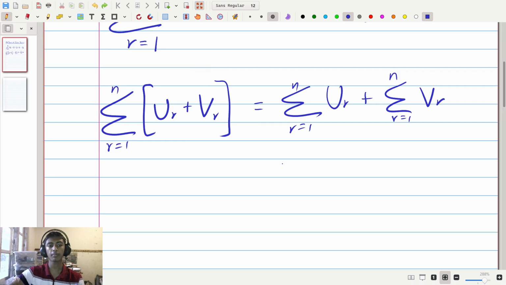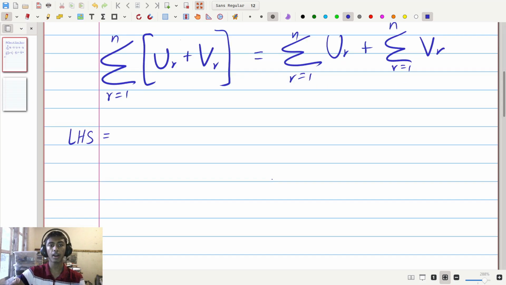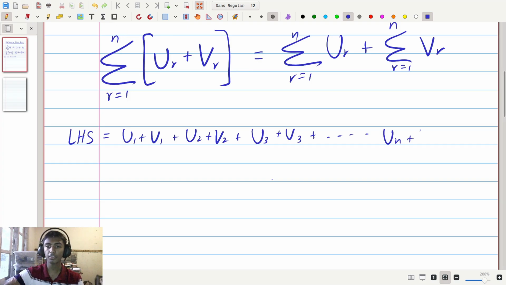So the left side sum, the LHS, is going to be equal to u(r) plus v(r) when r is equal to 1, which is going to be u1 plus v1, plus the values of u(r) plus v(r) when r is equal to 2, so u2 plus v2, plus the next values, which is going to be u3 plus v3, and so on and so forth until the very last terms, which are going to be the values of u(r) plus v(r) when r is equal to n, which is going to be un plus vn.